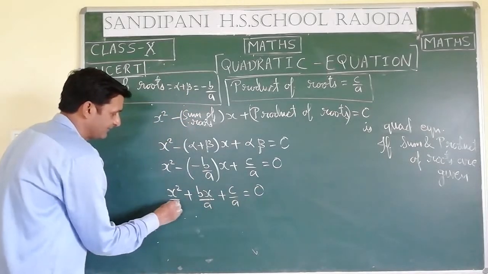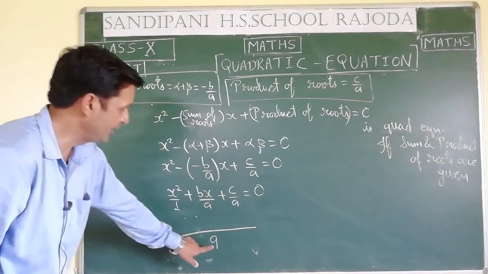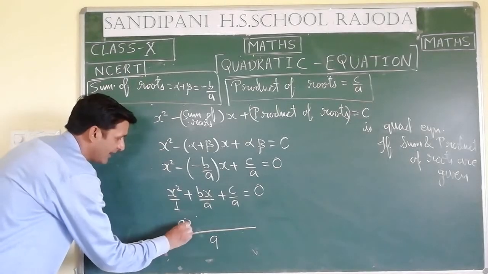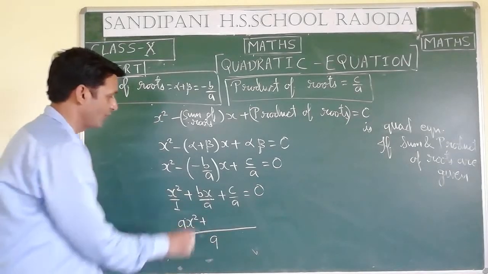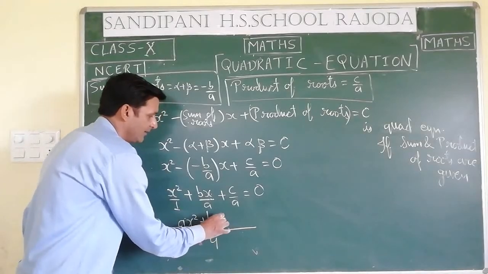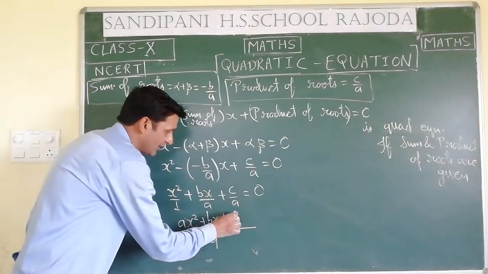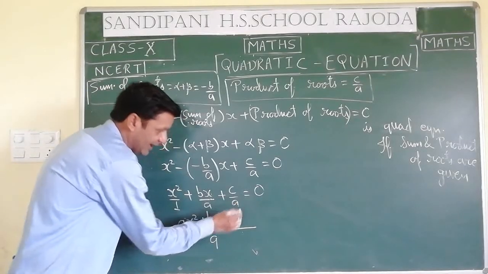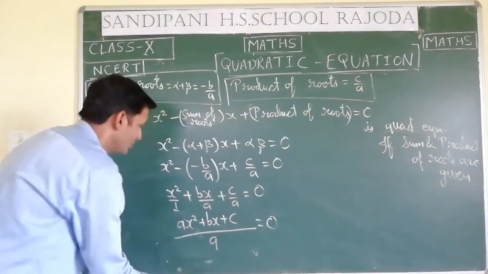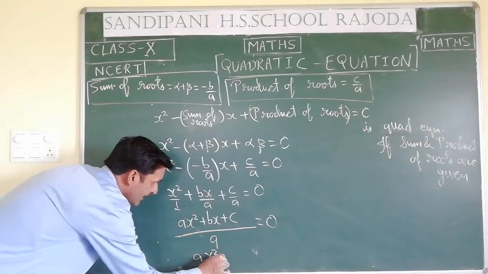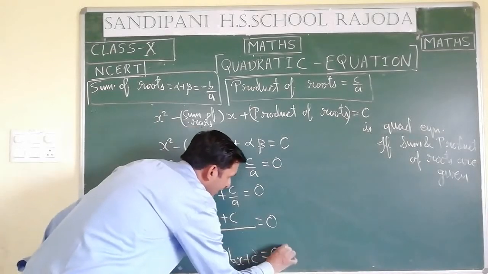On taking LCM, a will be the LCM. So ax square plus bx plus c is equal to 0 into a.